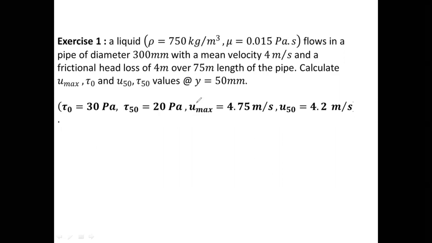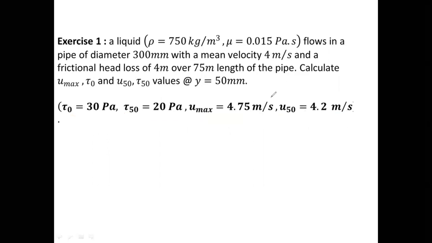Probably this flow is a turbulent flow. You have to calculate tau naught, Umax and U50. These are the answers. You try yourself for this exercise. We will have a discussion on this.